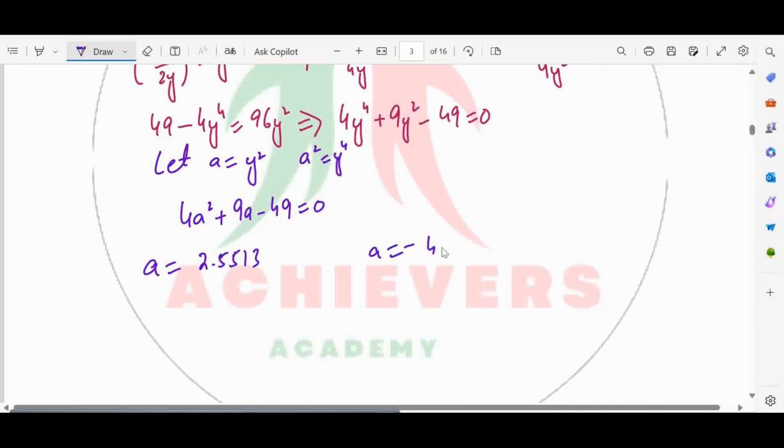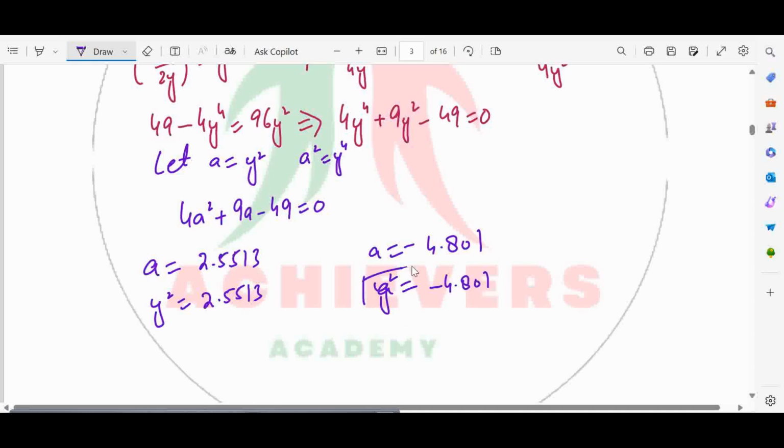We can use the middle term breaking also. Now just replace it: y square is equal to 2.5513, or y square is equal to minus 4.801.